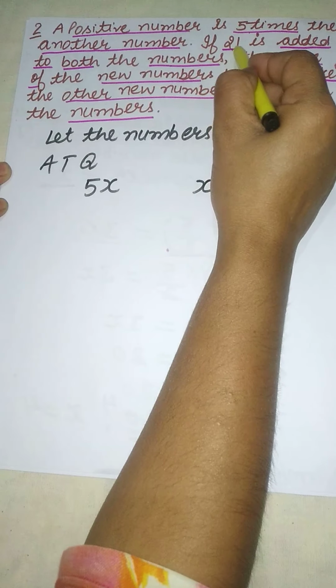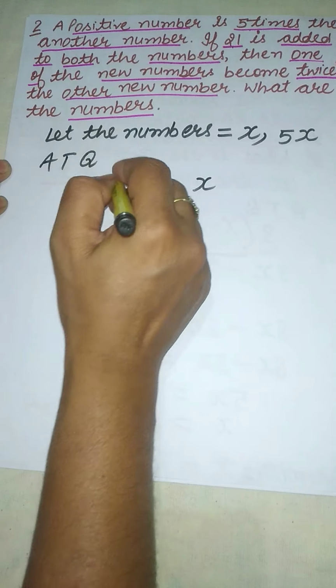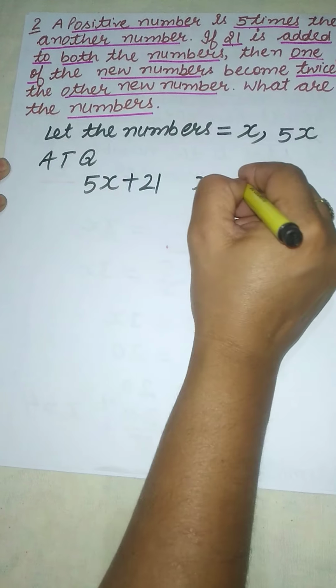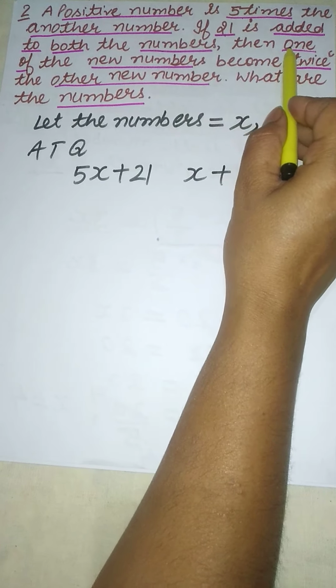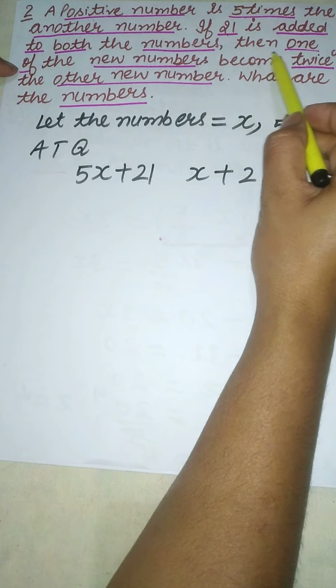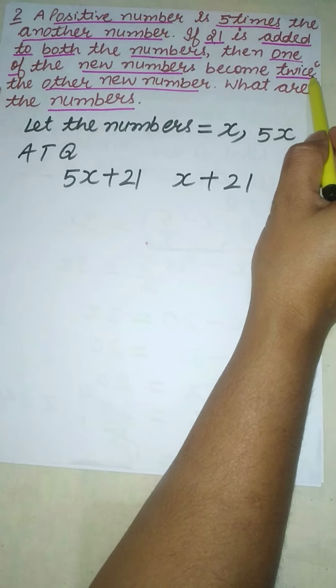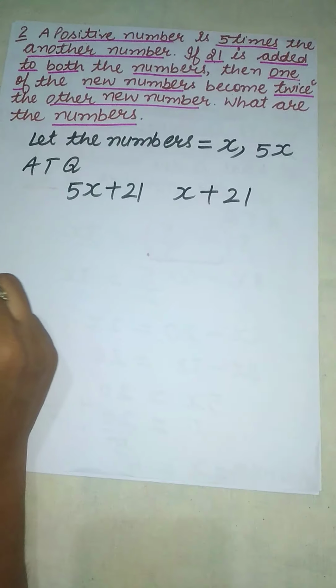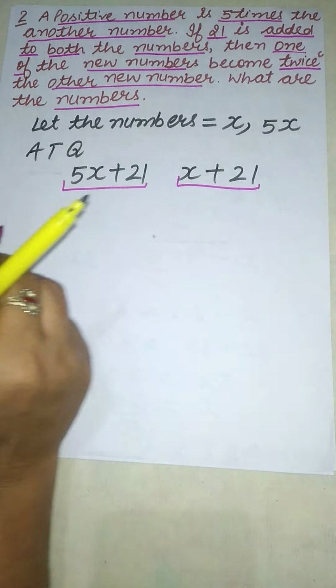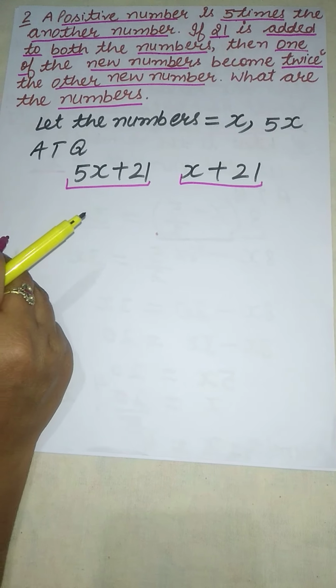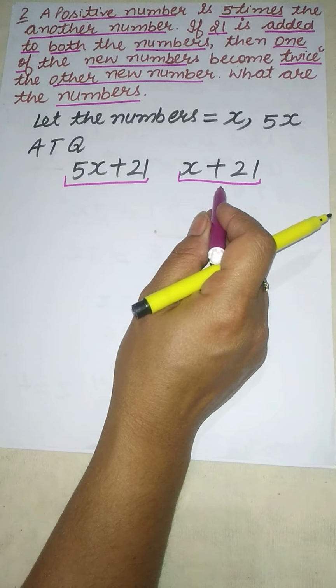We are to add 21 to both the numbers. I added 21 to both the numbers. Then one of the new numbers becomes twice the other new number. Now these are the two numbers which we get after adding 21 to both the numbers.